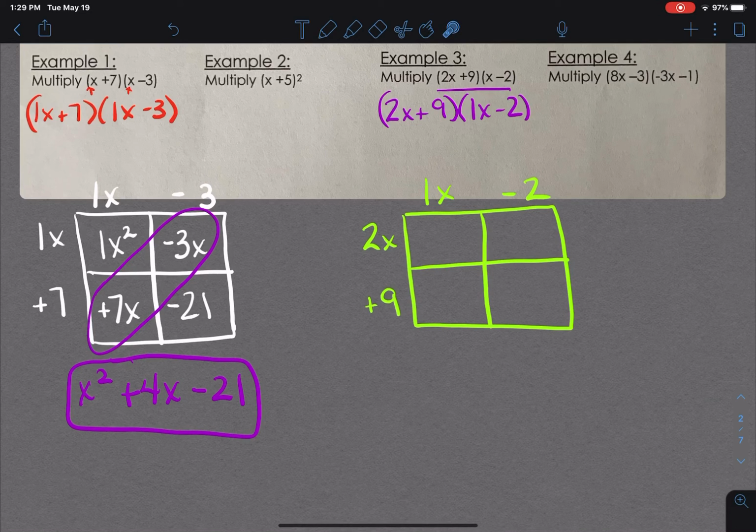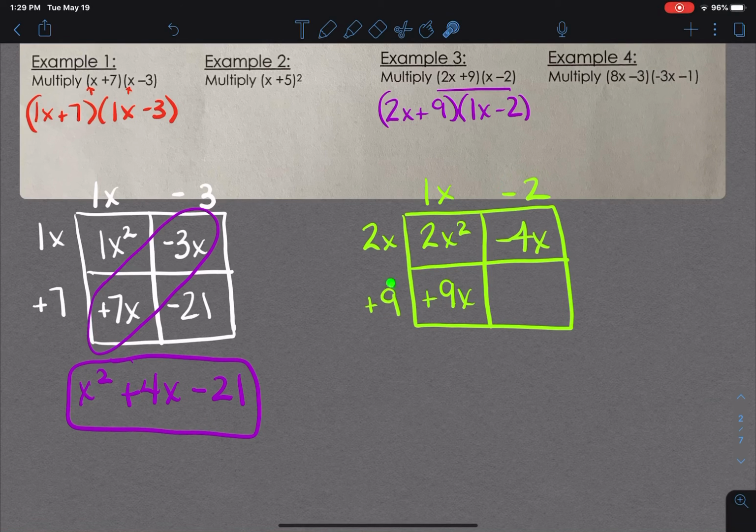Okay, now if I'm going to look, 1x times 2x is 2x squared. 2x times negative 2 is negative 4x. 1x times positive 9 is positive 9x.